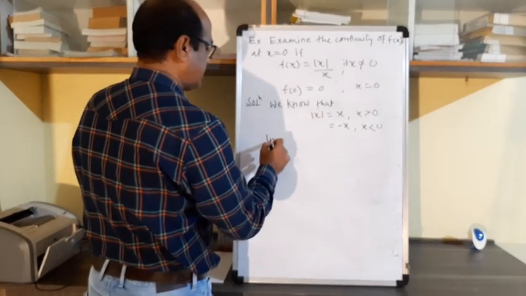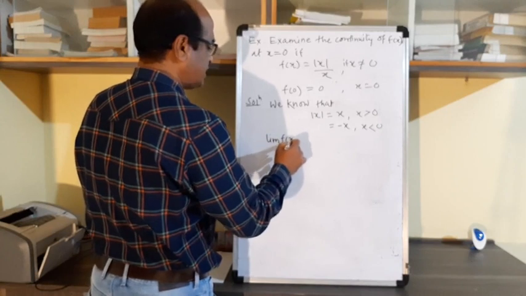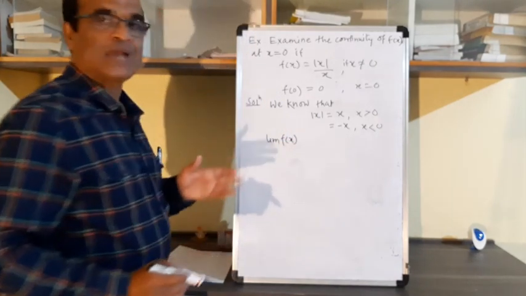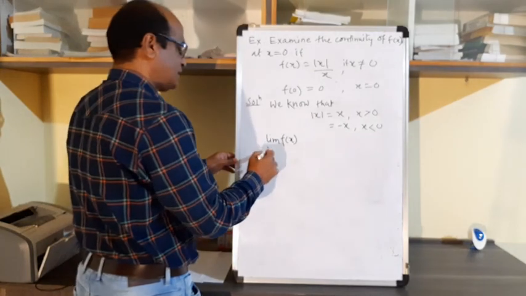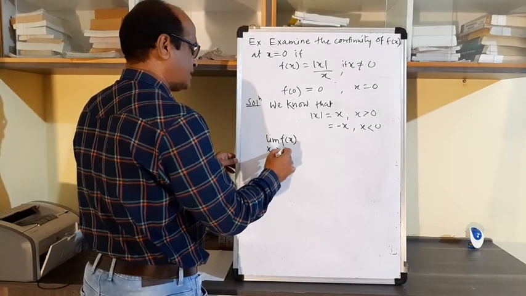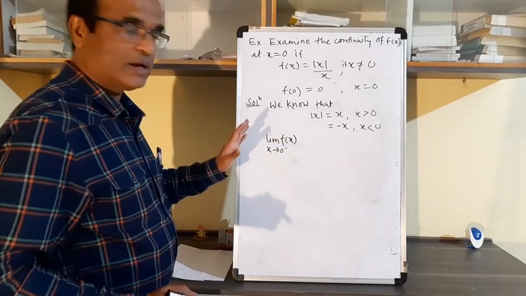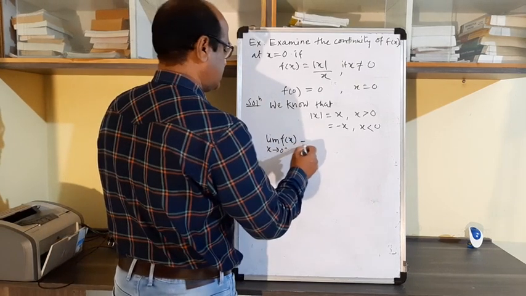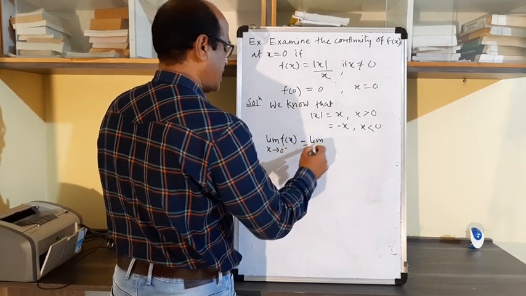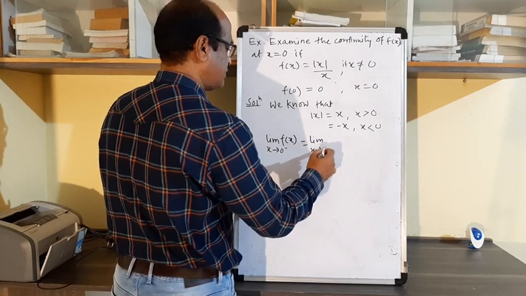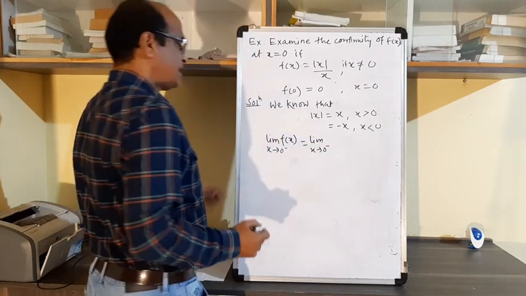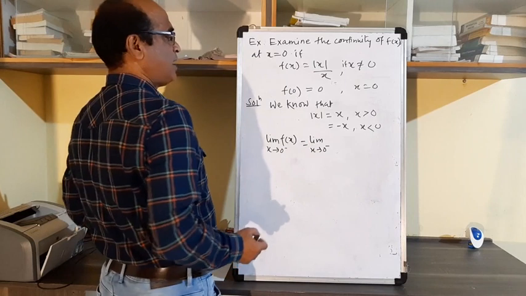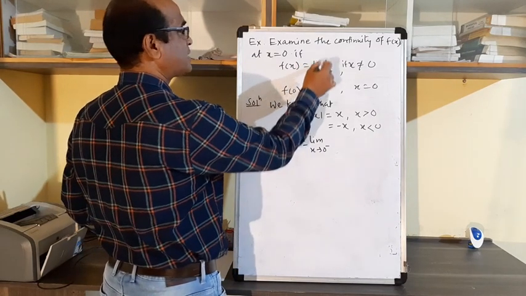We check the continuity of the given function at x is equal to 0, so that is x tends to 0 minus. Minus means left hand limit. So that is the limit as x tends to 0 minus of f(x), which is mod x upon x.